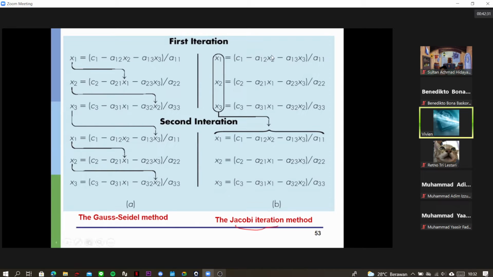We see that there is a connection between the value of x2 and x3, so there will be communication for some variables that need to be exchanged from one processor to the other. The communication is only performed at the end of the iteration, then it proceeds to the next iteration and so on.